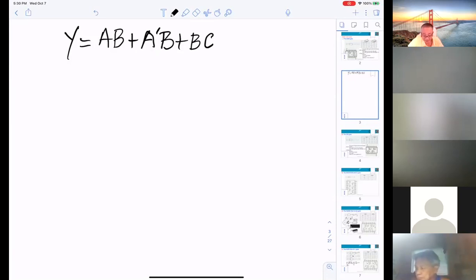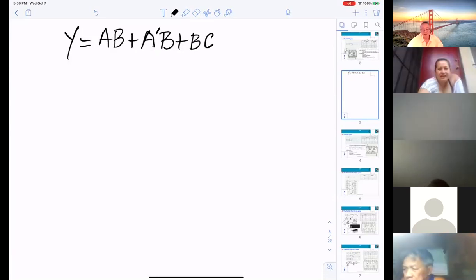My question is, looking into the expression, can you tell me how many inputs? Is it 3? 3. That means you get A, B, and C. Don't count not A, not B, doesn't matter. You get 3 inputs.